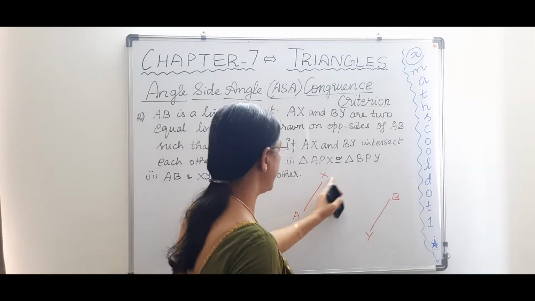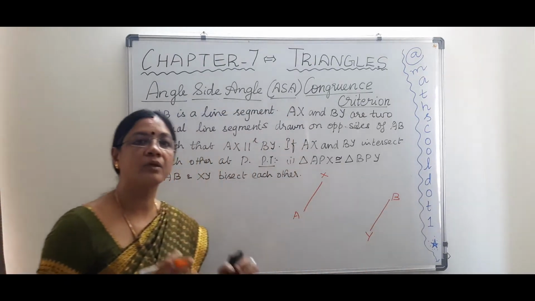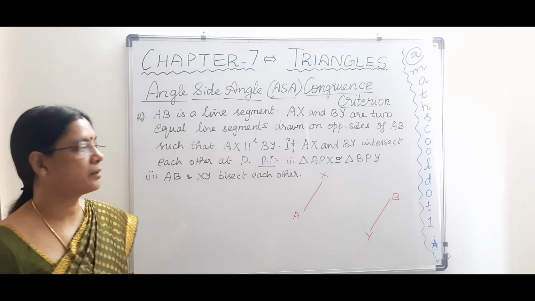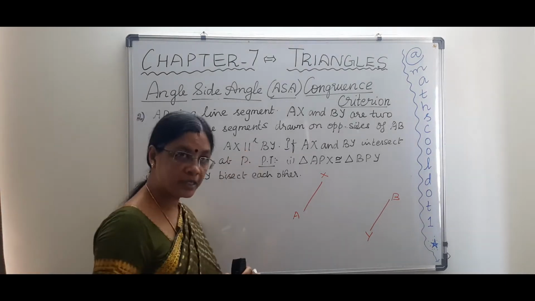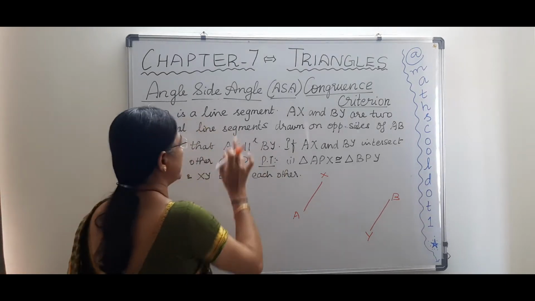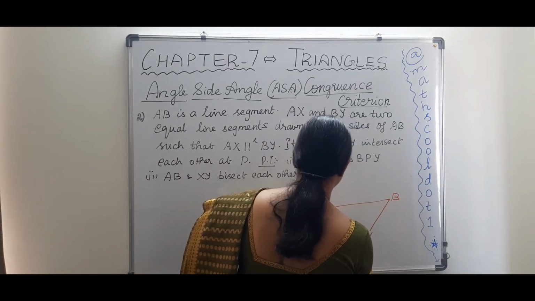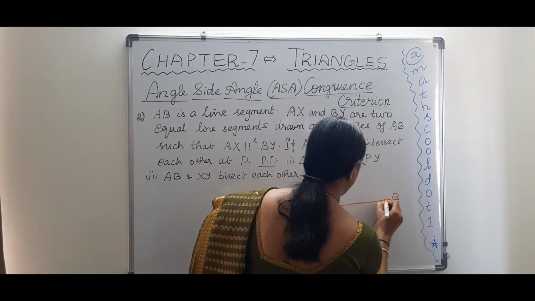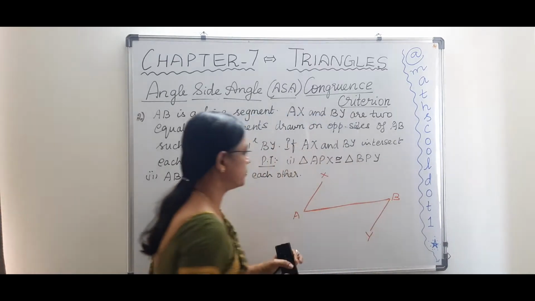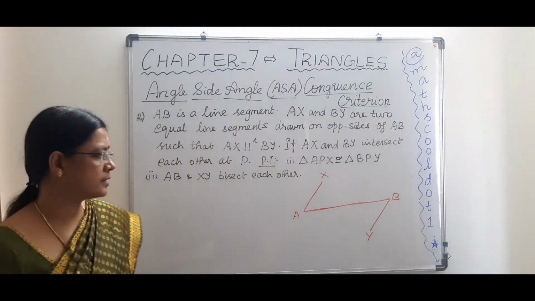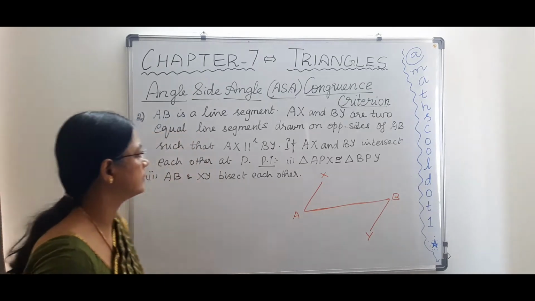Okay, so this is AX and this is BY, two line segments which are parallel to each other. Now the first one is AB is a line segment. So I am going to draw a line segment AB. So this will be your first step. But to understand, I drew AX and BY first because they are parallel to each other.